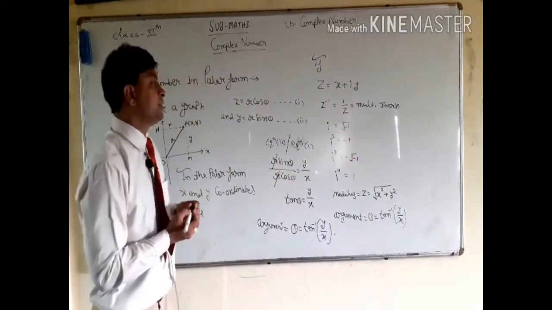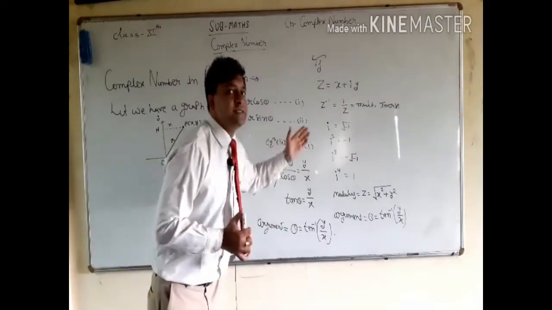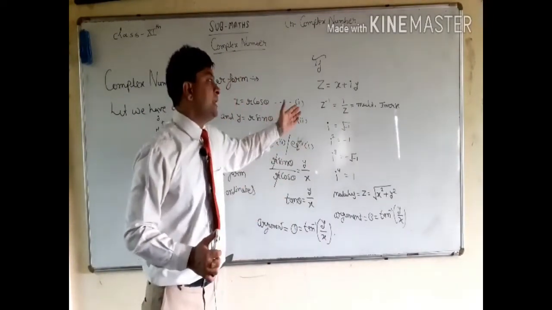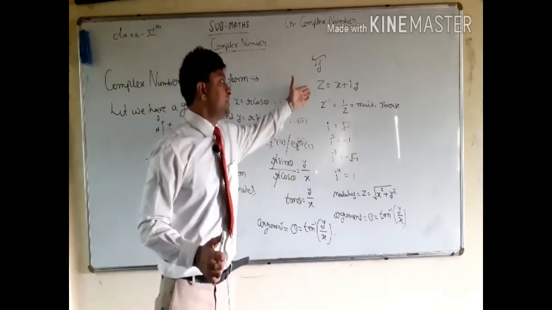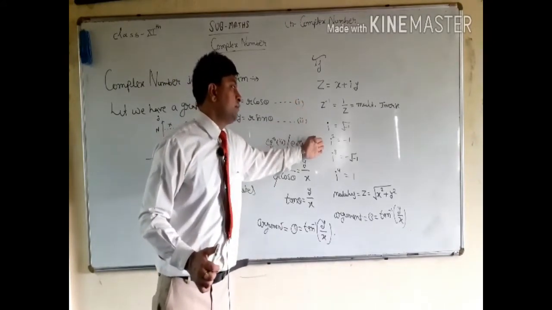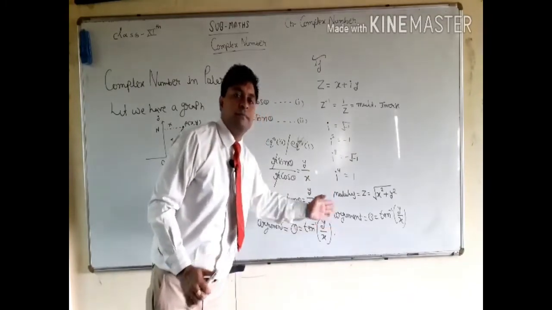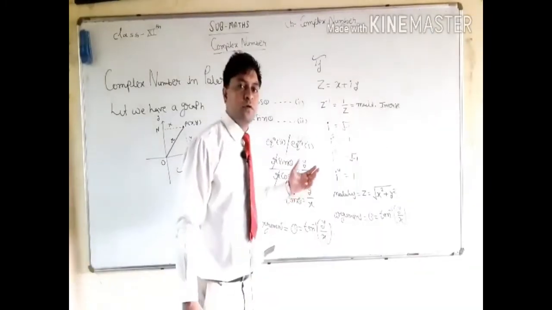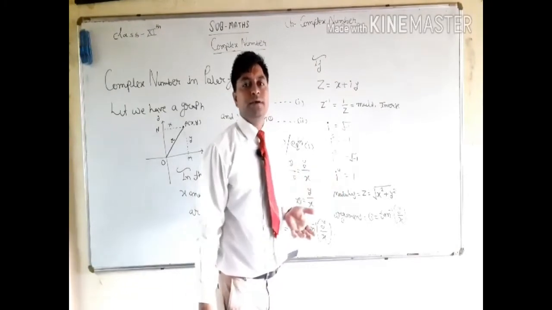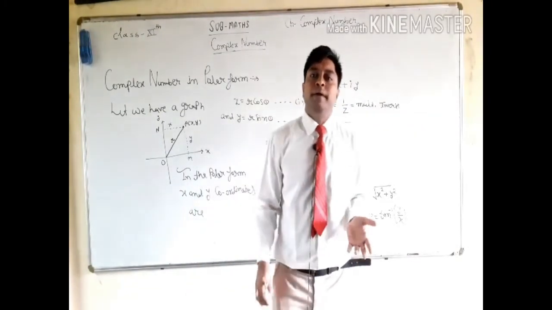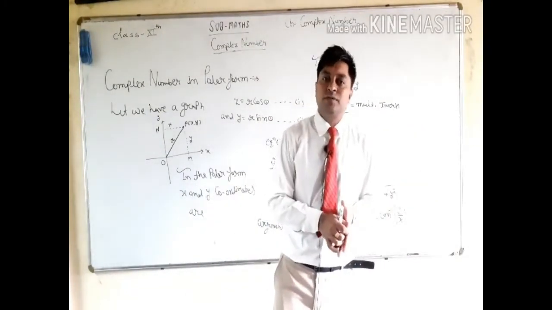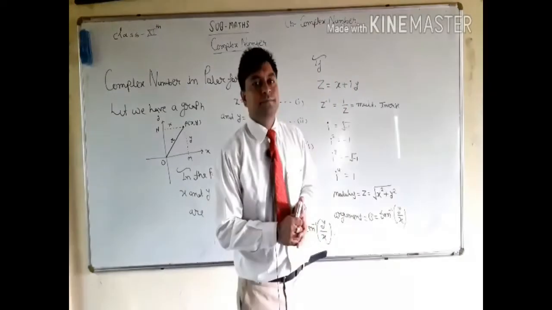So students, this is very important results of complex number. This is first, this is second, third, fourth, fifth, sixth, seventh and last n. Okay, thank you students. In next class we solve many examples and many formulas of complex number.